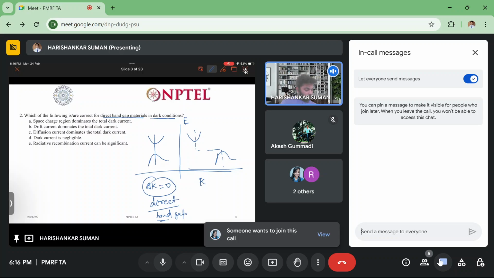But if delta k is like that, k1, k2, and the charge carrier wants to move from conduction band to valence band or valence band to conduction band, then delta k is nonzero. So this is indirect. Okay.